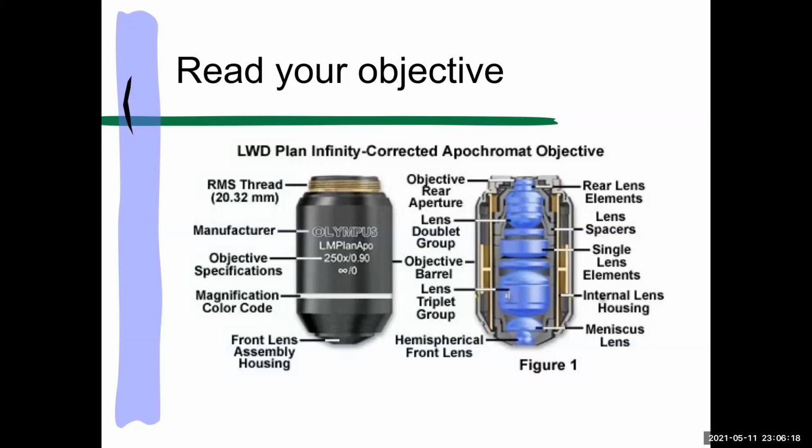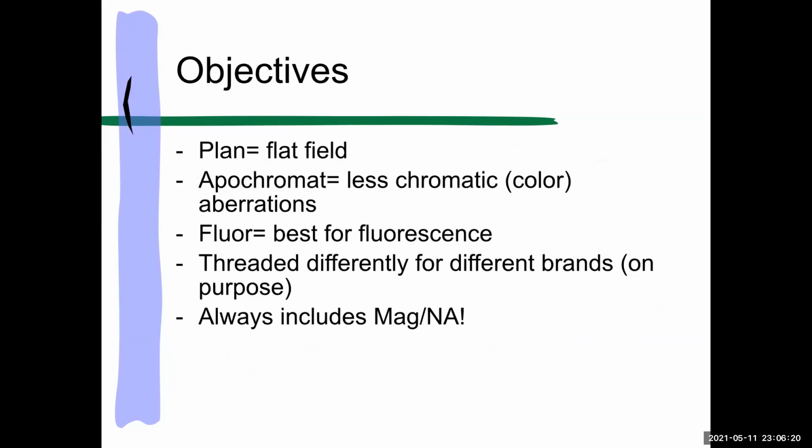And the thread at the top is interesting because different brands on purpose thread their objectives differently, so you can't swap out objectives between scopes. They say this is for some good reason, but in truth, it's entirely because they want to sell you more objectives. If they're going to sell you the scope housing, they make their money on the objectives.